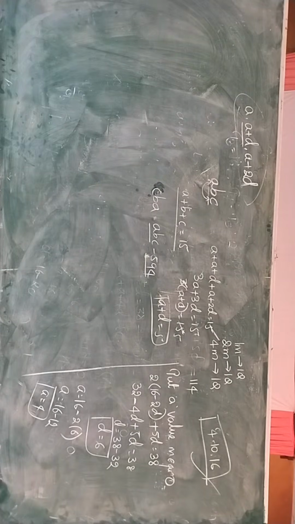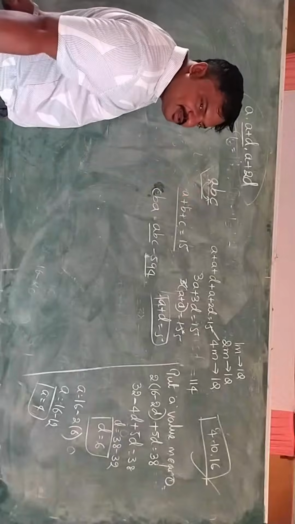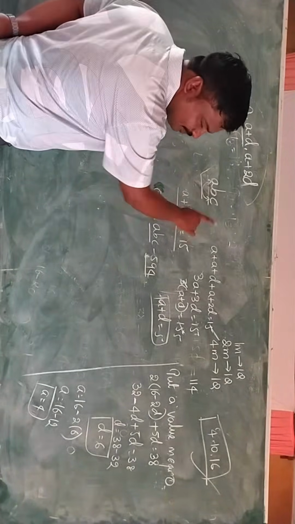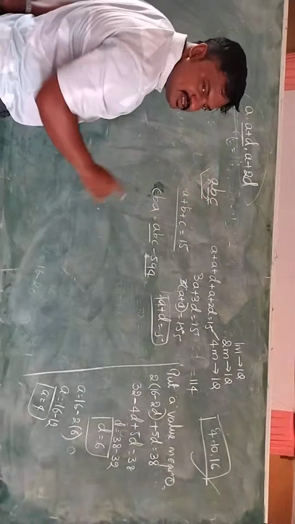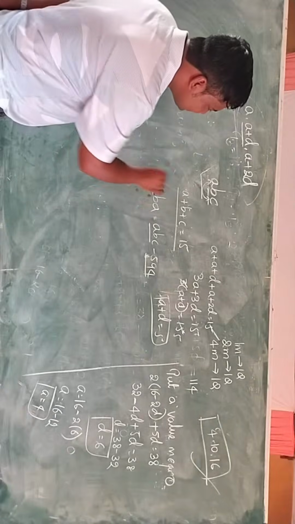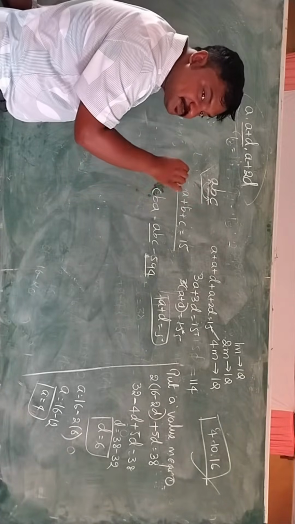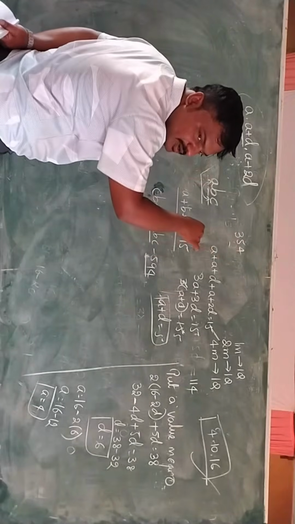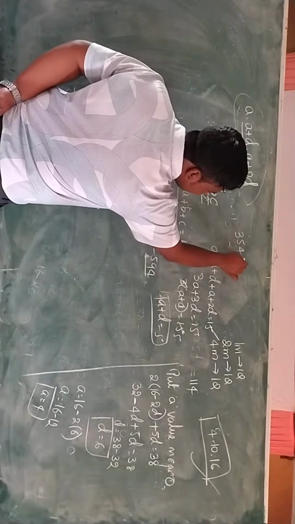How will you take CBA and ABC? In ABC, A means the first term A, B means the second term A plus D, C means A plus 2D. It's a three-digit number, so you can expand it. For example, 354 is a three-digit number. How can you expand this?